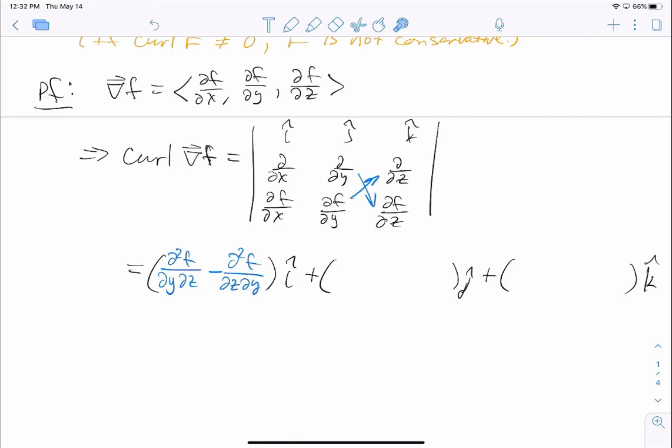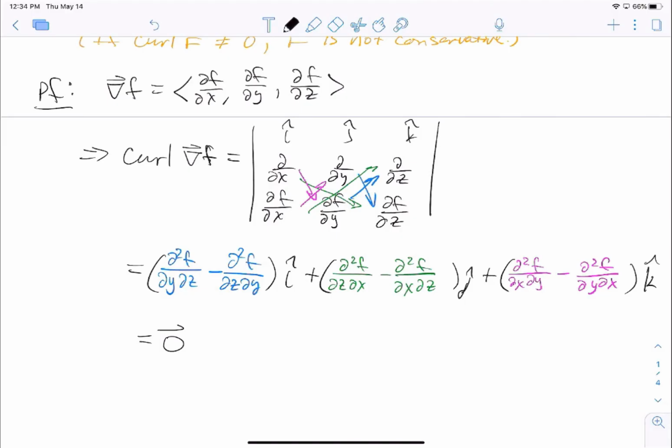So here we have mixed partials involving z and y. You can confirm that the j component involves mixed partials with x and z, and the k component involves second mixed partials with y and x. Folks, this is going to equal 0 by Clairaut's theorem, which says that second mixed partial derivatives are equal, and so if I subtract one from another, I should get a bunch of zeros.